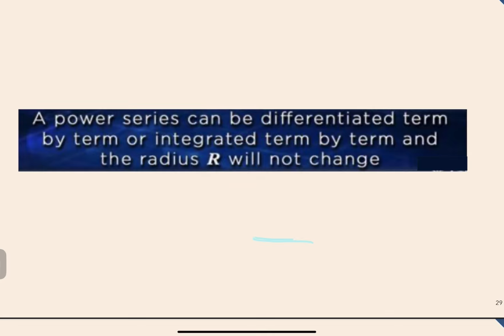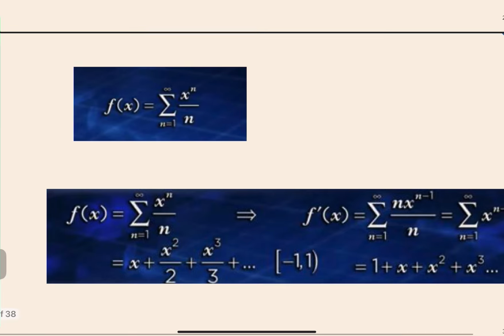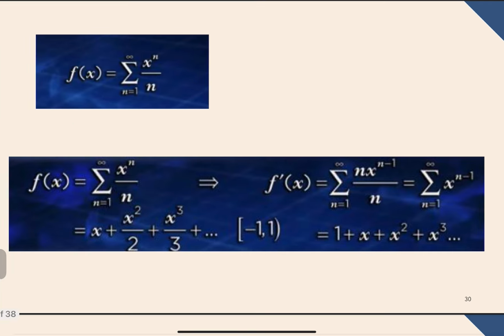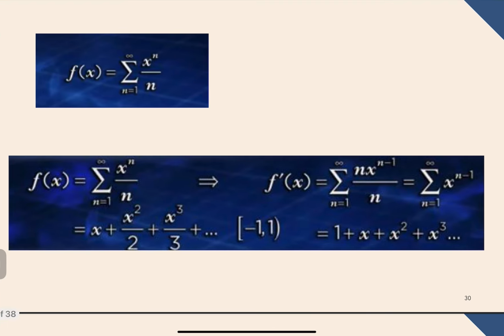The interval might change, but not the radius. So let me illustrate that fact with this example. We'll look at the series x to the n over n from 1 to infinity. We analyzed that and saw that the interval of convergence was the half open interval from -1 to 1, closed at -1 and open at 1.